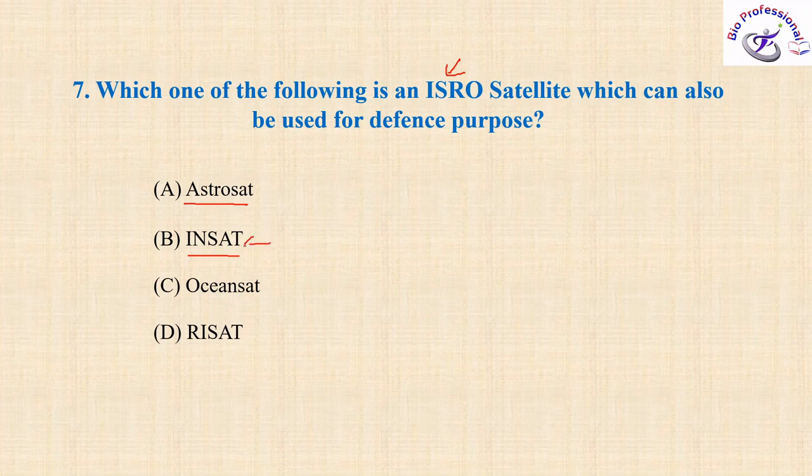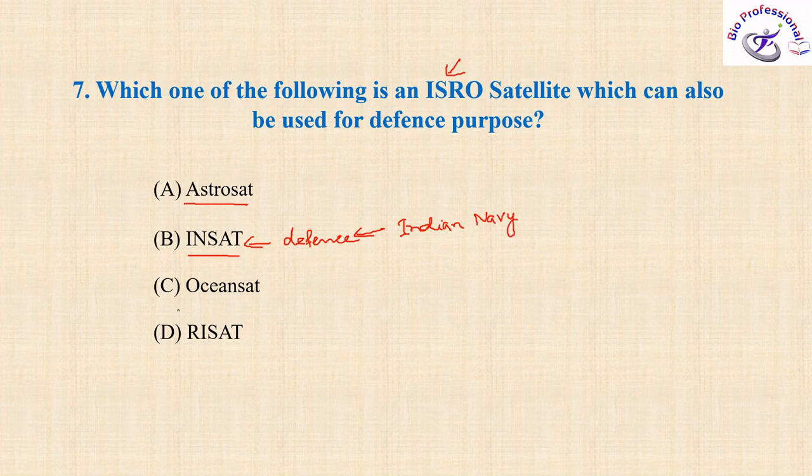So this is related to defense, because I need to find which satellite is related to the defense system. The main user of this satellite is the Indian Navy, so I'm writing Indian Navy.